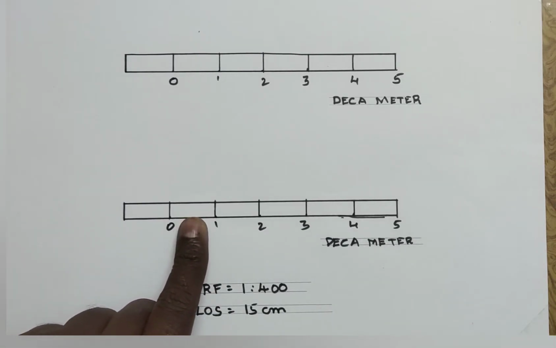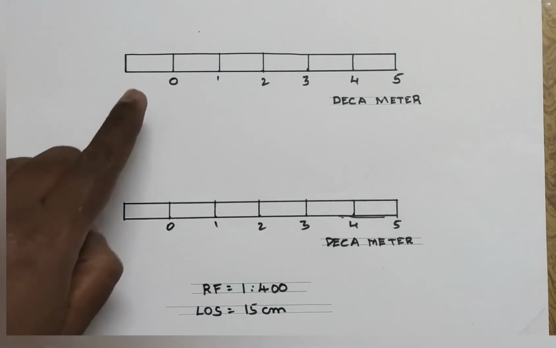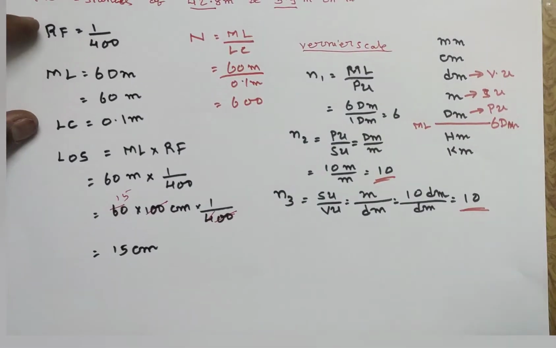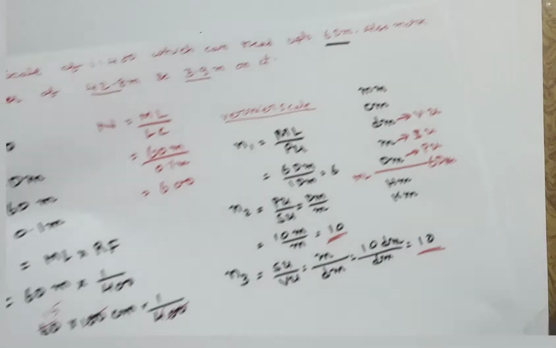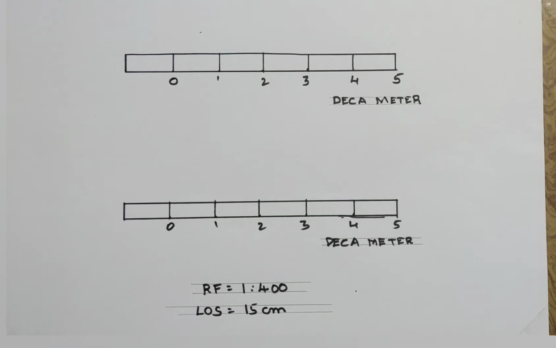So here 1 means 1 decameter, that is nothing but 10 meters. So now what I have to do, we have to divide the secondary scale into 10 equal parts. Because N2 is 10 for us, the secondary unit we have to divide it into 10 parts. So we are going to divide the secondary scale into 10 parts by using the acute angle line method.